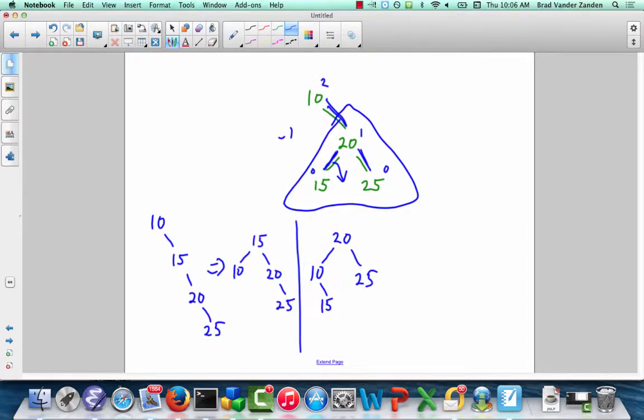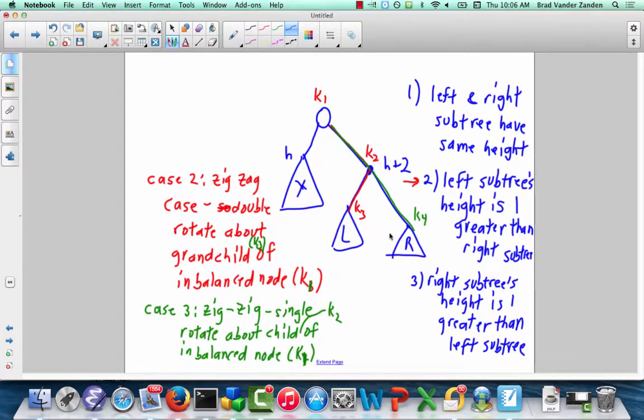Yes. It looks like either one works. Looks like either a zig-zig or a zigzag works. And that, in fact, is the case. Turns out that if the two subtrees that I showed you here, L and R, are the same height, you can do either rotation, and therefore I suggest doing a zig-zig because it's easier, more efficient.